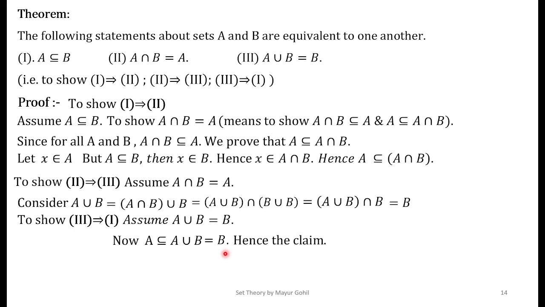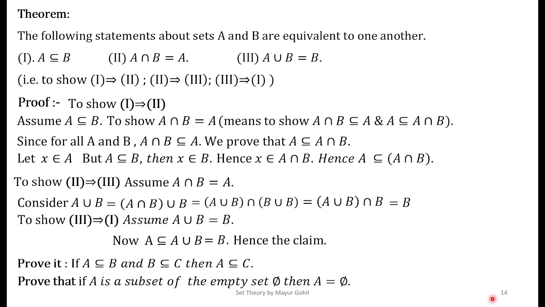Now I leave two questions for you to prove on your own. If A is a subset of B and B is a subset of C, then prove that A is a subset of C. Try to take an element X in A, and you will get the answer.